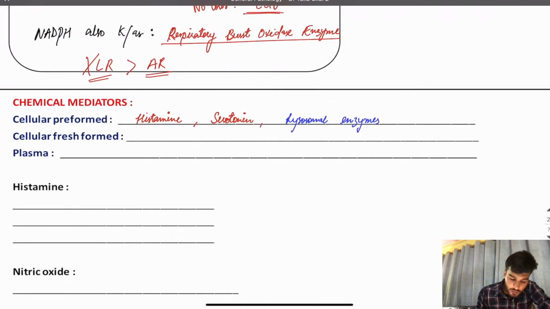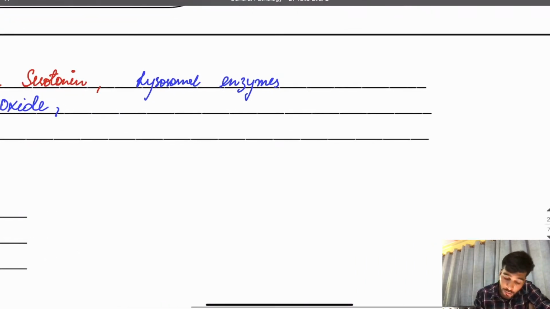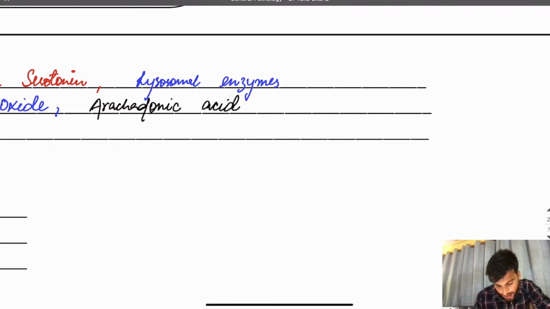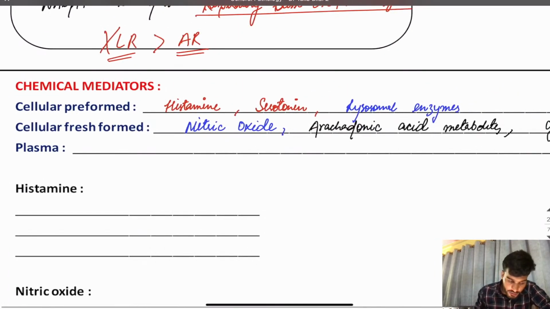If I talk about cellular fresh formed, we have nitric oxide, arachidonic acid metabolites, and cytokines. These are the cellular fresh formed.